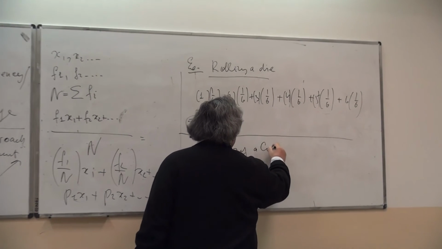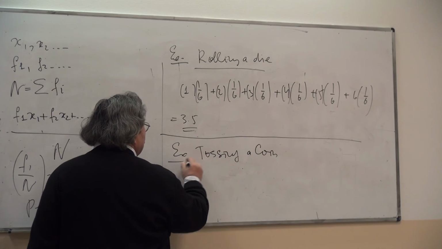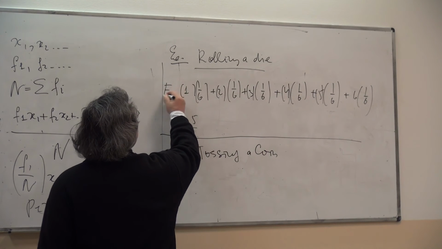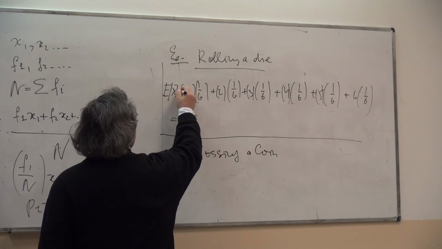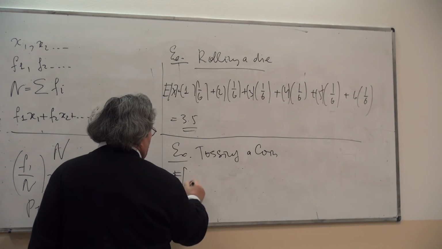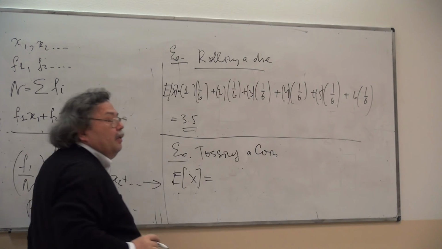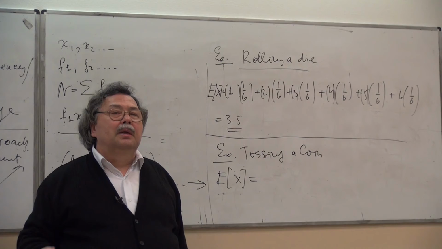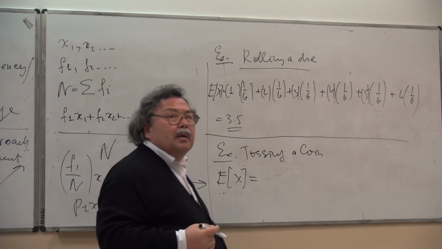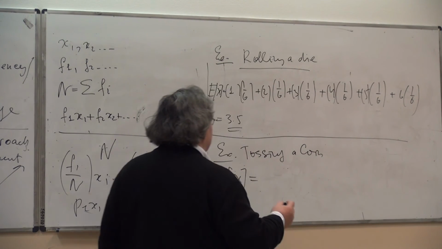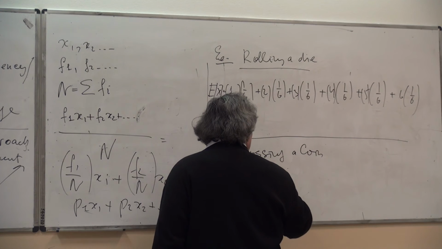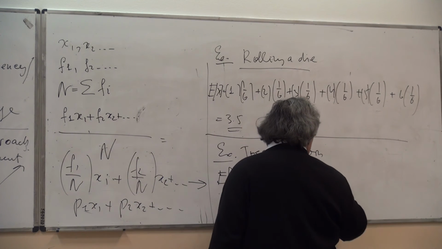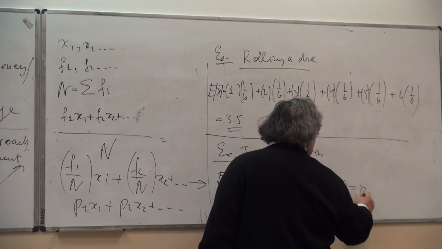Tossing a coin, not necessarily a fair coin. What's the expected value? Okay, this is E. And now if we associate 1 with success that has probability p, and 0 with failure, which has probability 1 minus p, then it's 1 times p plus 0 times 1 minus p, and this is just p.